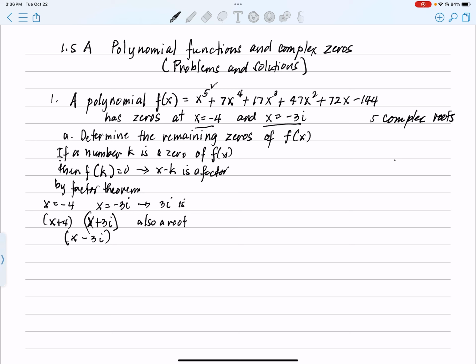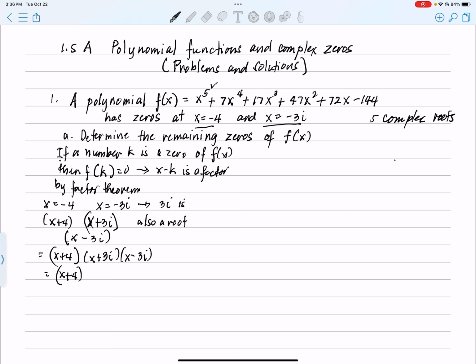Okay, so if we try to multiply this together, x plus 4, x plus 3i, then x minus 3i, x plus 3i and x minus 3i, that's the sum and difference of two squares.